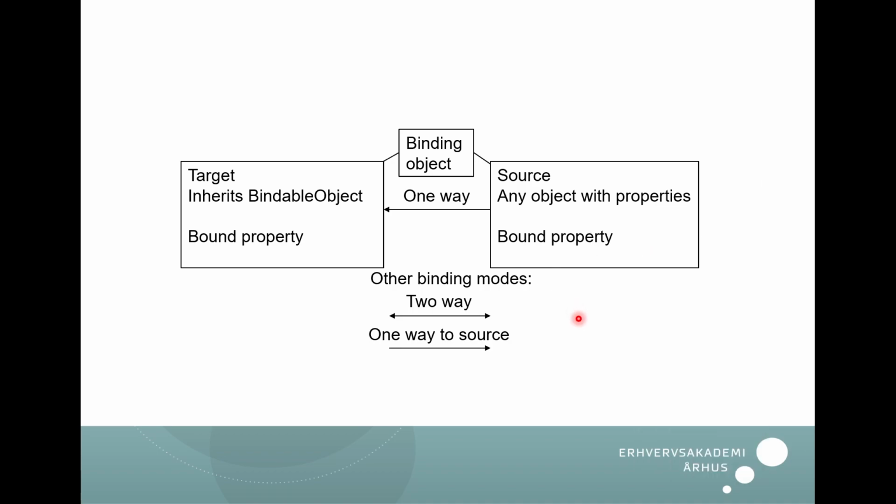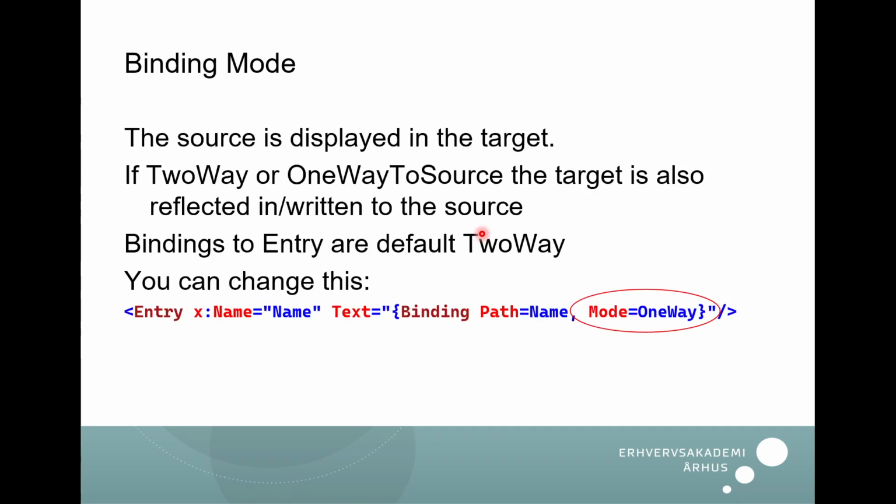We saw that for entries, the default was two-way, but for other controls, one-way could be the default. So changes in target are reflected in the source. Binding to entry is by default two-way. And you can change this.